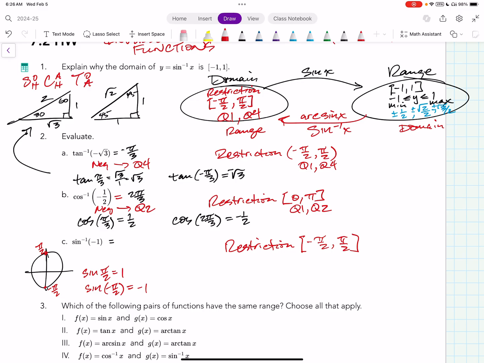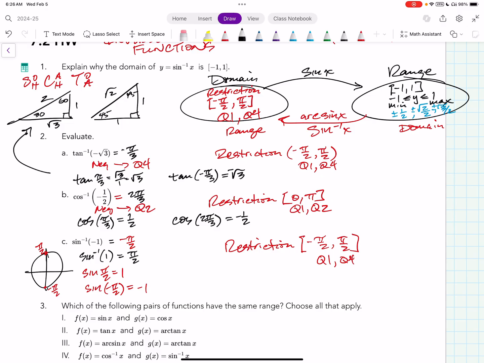We're typically looking at quadrants 1 and 4, but this is not in a quadrant, it's called a quadrantal angle, because it's really not in quadrant 1 or 4. It's right at the bottom of the unit circle, but it's in this interval, and we're looking for the angle at negative pi halves. Why? Because you're at the bottom of the unit circle, not the top. If you were taking the inverse sine of positive 1, the answer would be pi halves.